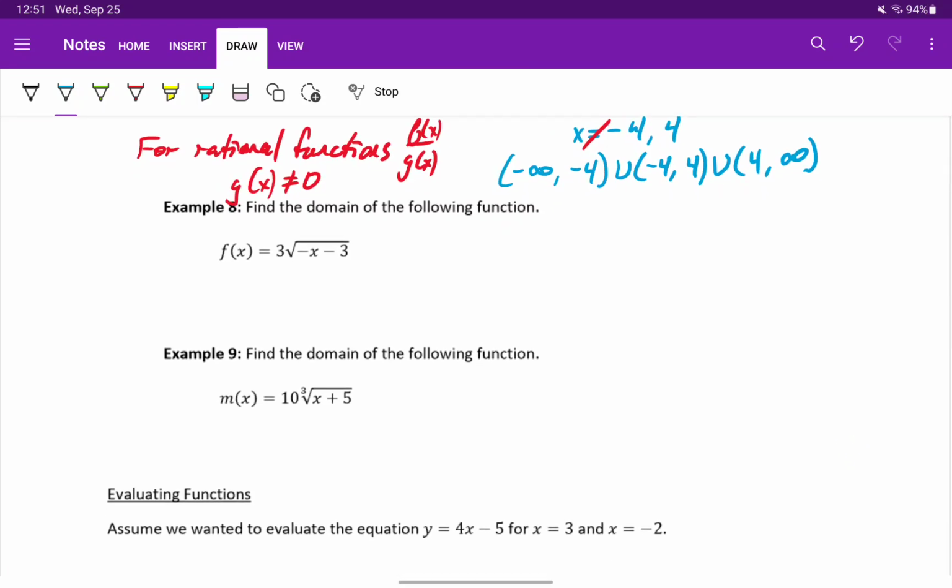In example 8, we have a square root function. And the same rule will apply here that will apply for all radical functions with an even index.